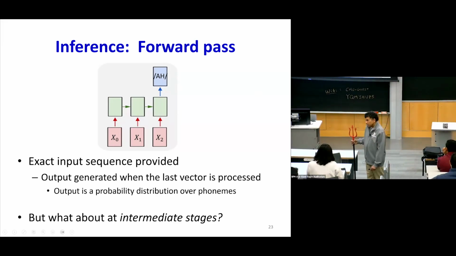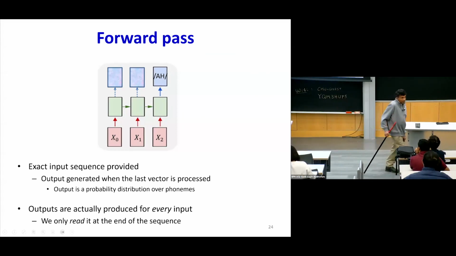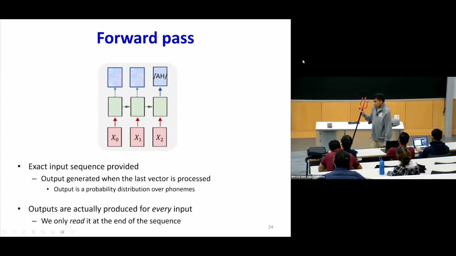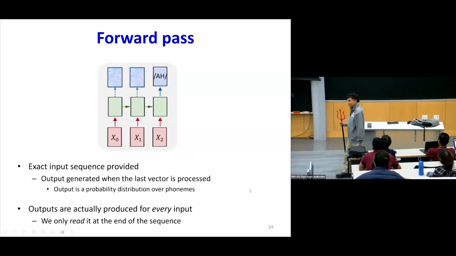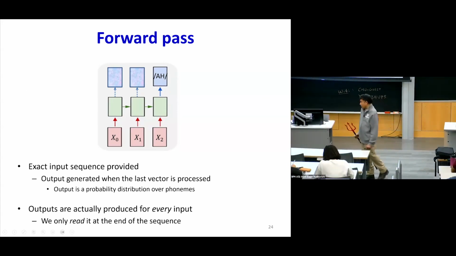Are we computing outputs? So the fact is that the network actually does compute these outputs, you just ignore them. And you call out the output that you do see when the final vector has been processed. And that's simply because the network is very symmetric, right? Every column is identical to every other column. And this is what we're going to try to exploit.